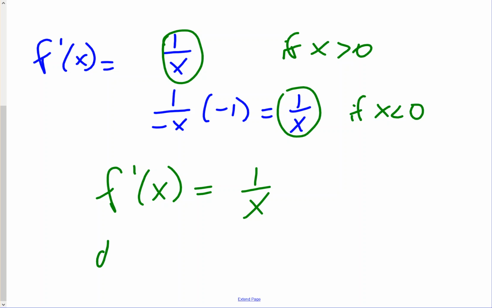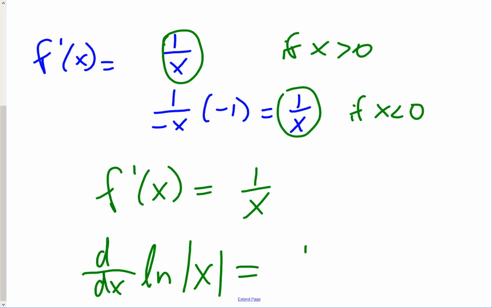Okay, so that brings us to our definition: the derivative of natural log of absolute value of x is equal to 1 over x.